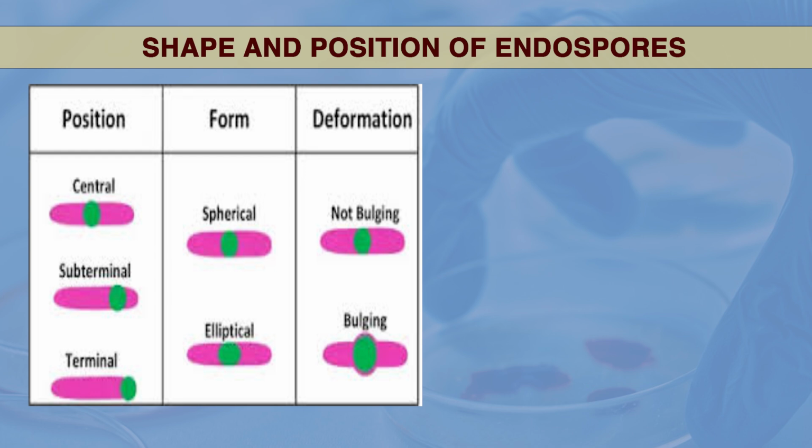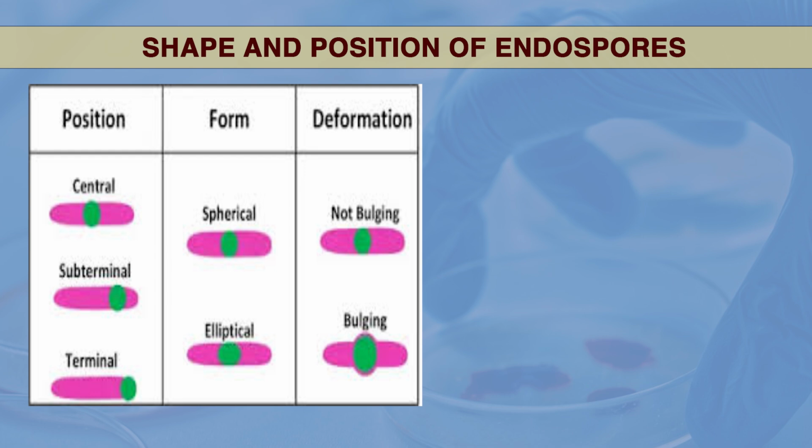The position may be central, terminal, subterminal or lateral. So, they are in different positions, different shapes, and sizes also vary. The shape, size and position of an endospore are characteristic of a bacterial species.